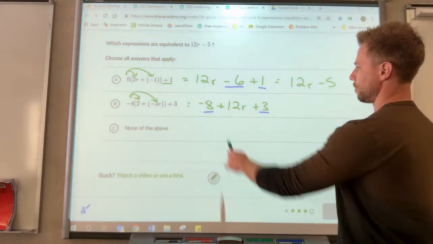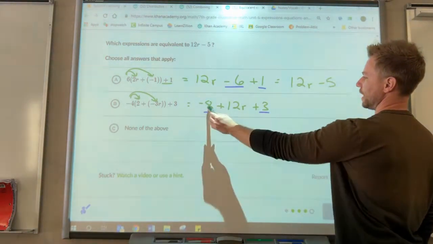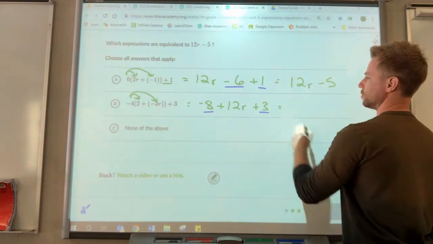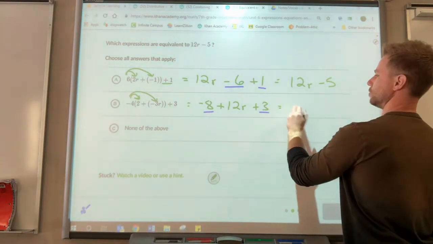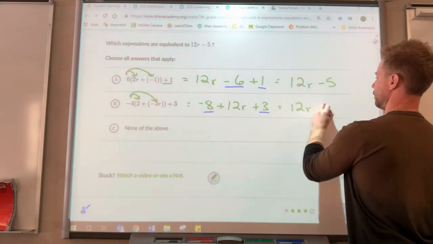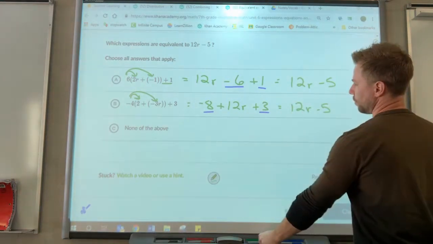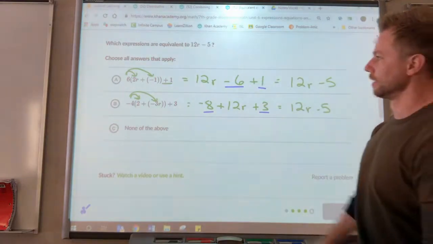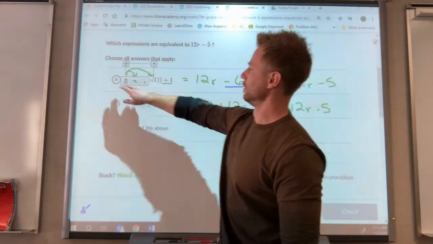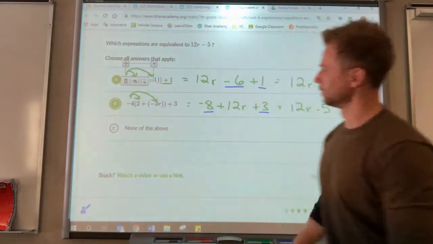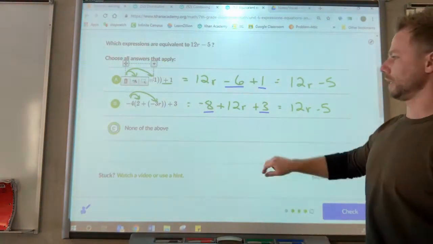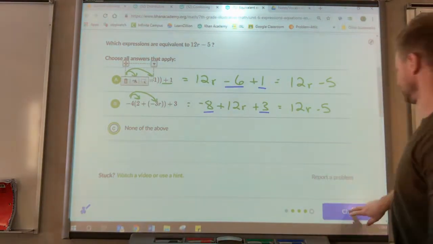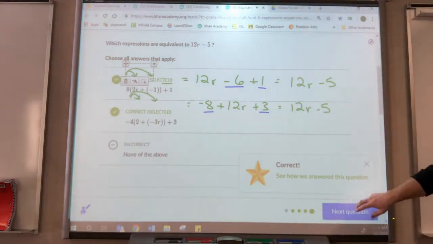Keep the sign of the bigger number. 8 minus 3 is 5. 8 is bigger and it's negative, so that's going to be a negative 5. So we have 12r minus 5. So they both turn out to be what we needed at the beginning. So they're both correct. Notice it says choose all answers that apply. It's not just one answer. It can be both of those. Good.